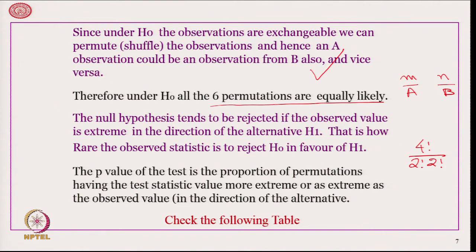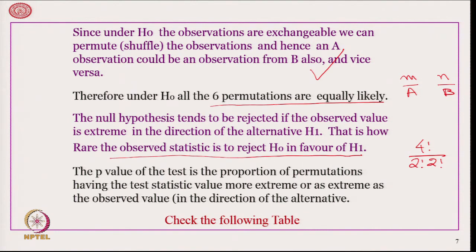The null hypothesis tends to be rejected if the observed value is extreme in the direction of the alternative H 1. That means, we shall check if the difference mu A minus mu B is too small, or that its absolute value is very large in the negative direction, and if that happens, then we will check how rare the observed statistic is to reject H naught in favor of H 1.